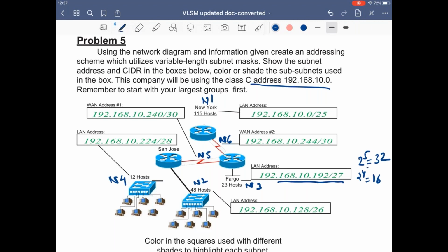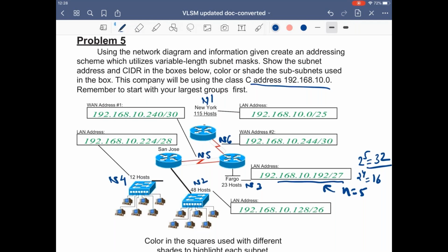The IP address starts from 10.192 for network 3 and ends with 223. That is the broadcast ID for network 3, 10.223.